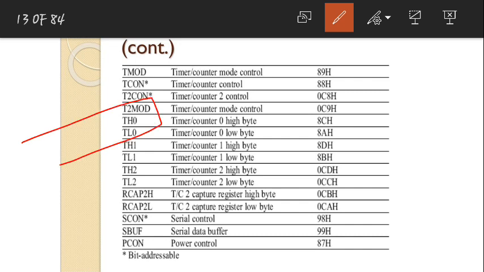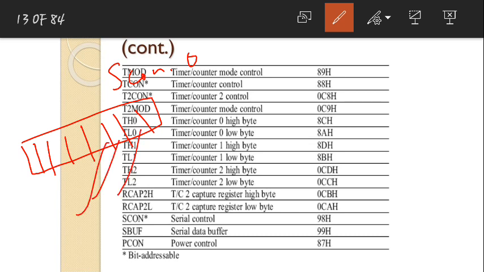If this is your SCON register and these are your 8 bits, this will be SCON.0, the D0 bit, and this will be D1, D2, D3 and so on. By using SETB and CLR, SETB means you can make the bit high, CLR means you can make it low. By using these two instructions you can access each bit individually.